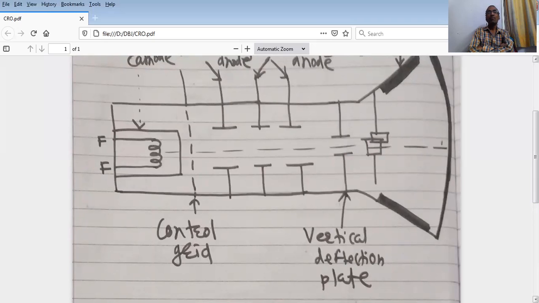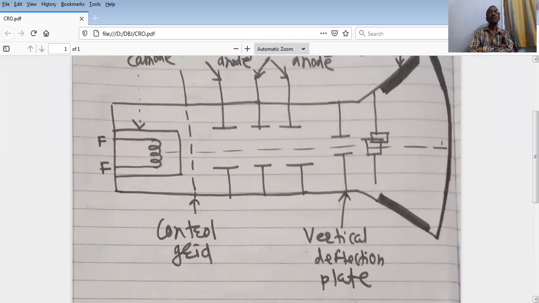Such an accelerated but diverged beam is observed up to the accelerating anode. But to work properly, the cathode ray tube does not require a diverged beam. The electron beam which is going to strike the fluorescent coating should not be a diverged beam.